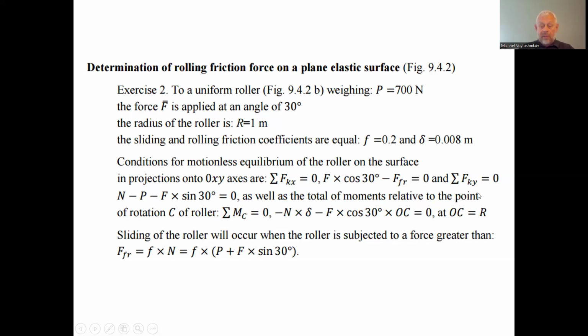And the total of the projections of the forces on the ordinate axis is equal to 0. That is the support reaction directed upward, and minus P is the weight, and the vertical projection of the inclined external force, as well as the total of the moments relative to the point of rotation C of the roller, has to be equal to 0.